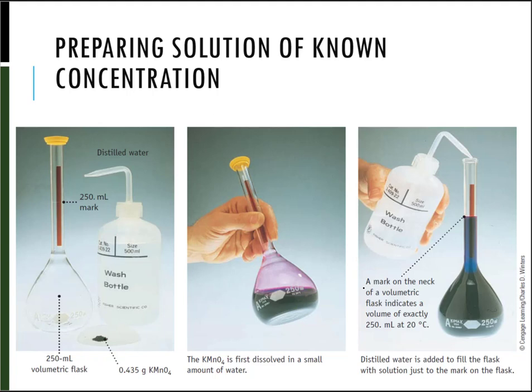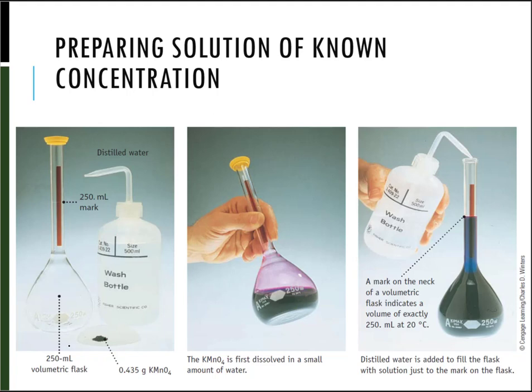So let's look at preparing a solution where we know the concentration. In lab, you've seen lots of chemicals that are labeled 0.1 capital M, which is molar, of HCl, or 2.0 molar HCl, or different concentrations of all sorts of different chemicals. Here's what we do.